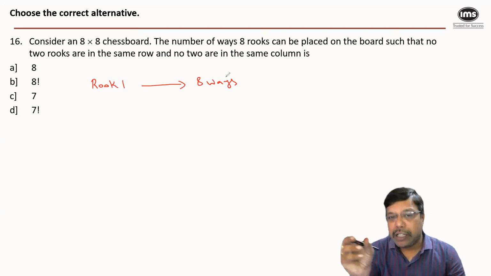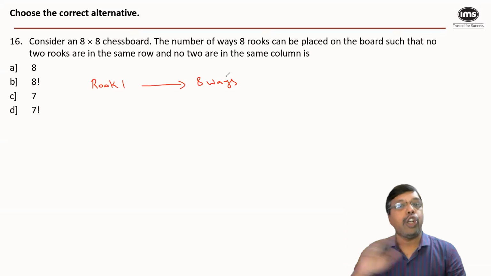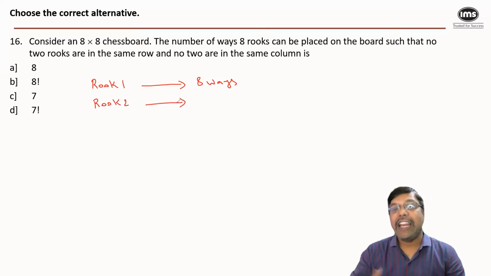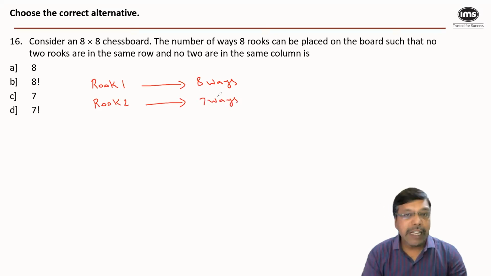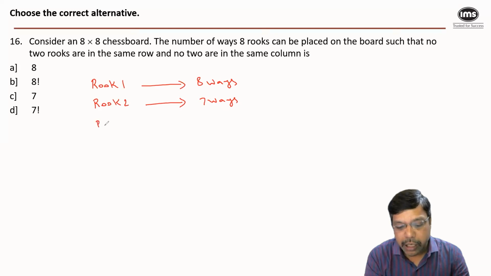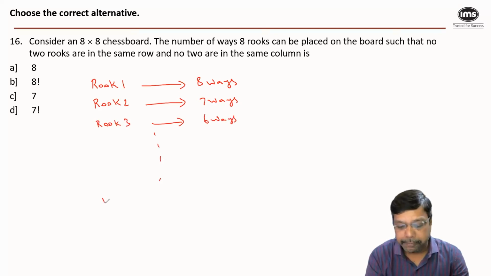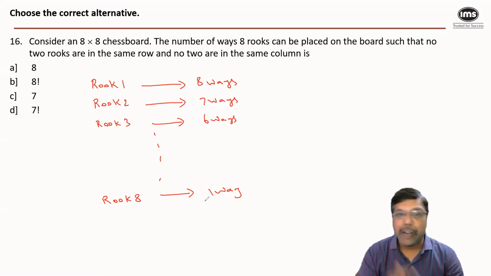Now, once I put the first rook in a place, then that particular row and column are not available anymore, which means for the second rook, I can put it in any of the remaining 7 places, row wise or column wise. By same logic, rook 3 can be arranged in any of the remaining 6 places in 6 ways, so on. And rook 8 can be arranged in only the last place available, that is one way.